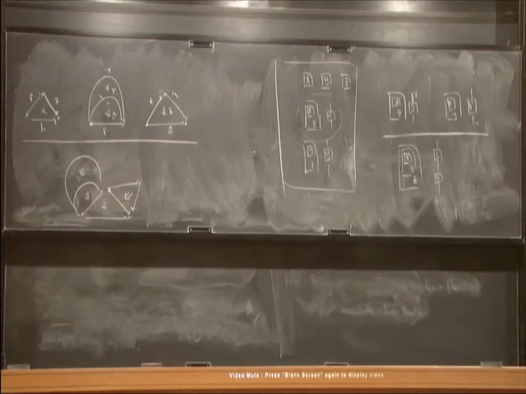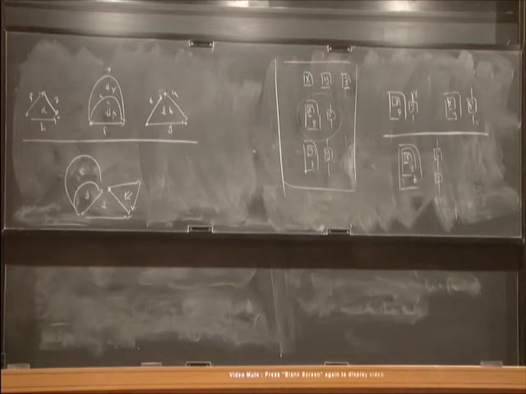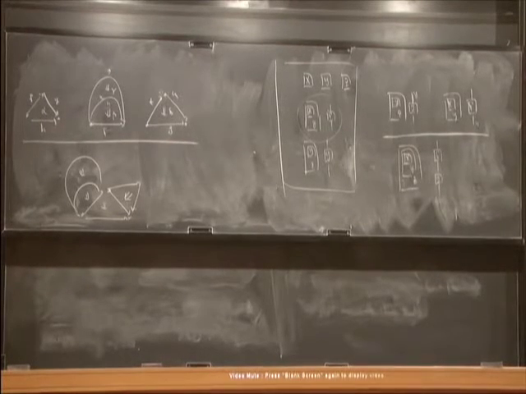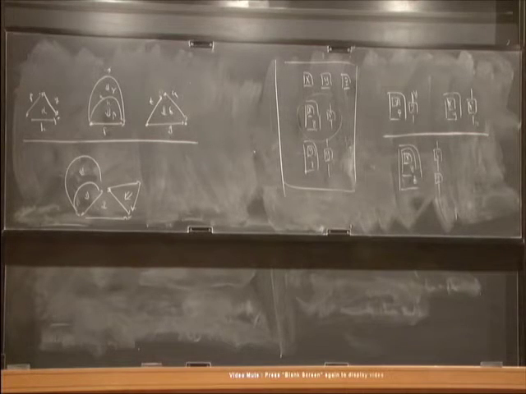Where's my red chalk? Okay, the hypothesis is you have a pasting diagram. And this is a category. It's supposed to be a category, so what can you do with this pasting diagram? The point is you can compose it, okay?